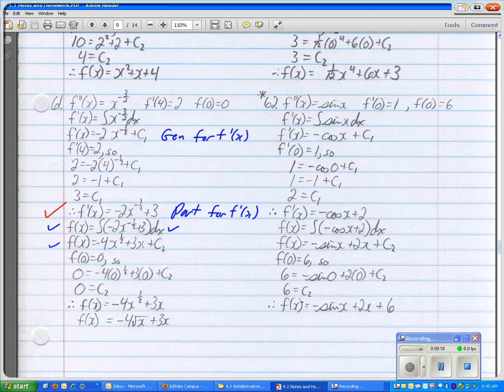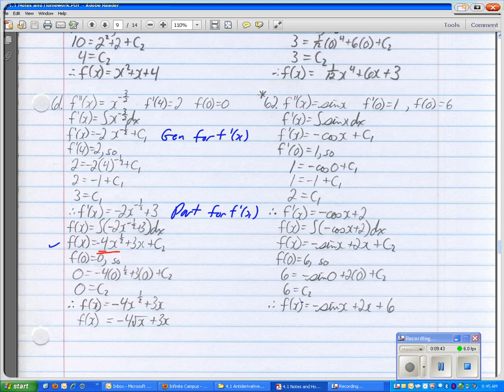So, let's see what it is. Add 1 to the exponent. So if you have a negative 1/2 and you add 1 to it, you get a positive 1/2. Divide your coefficient by the new exponent. So dividing by 1/2 is the same thing as multiplying by 2. So the coefficient of negative 2 times 2 is negative 4. So I get that.